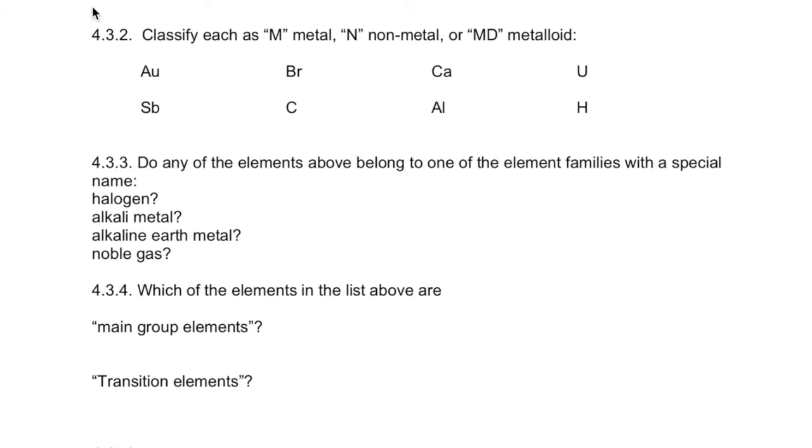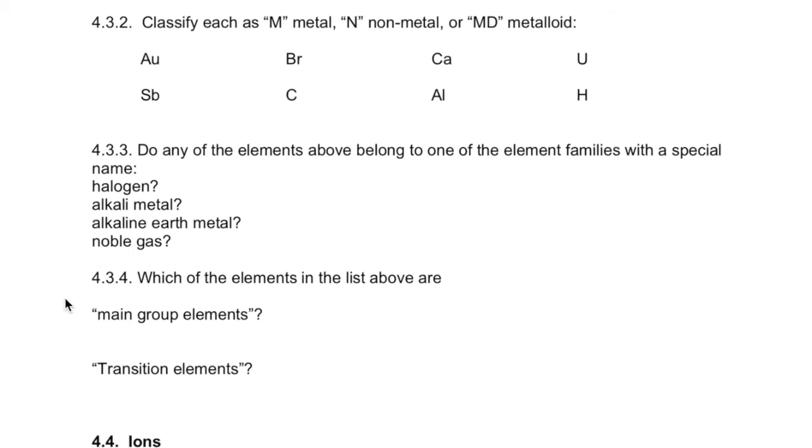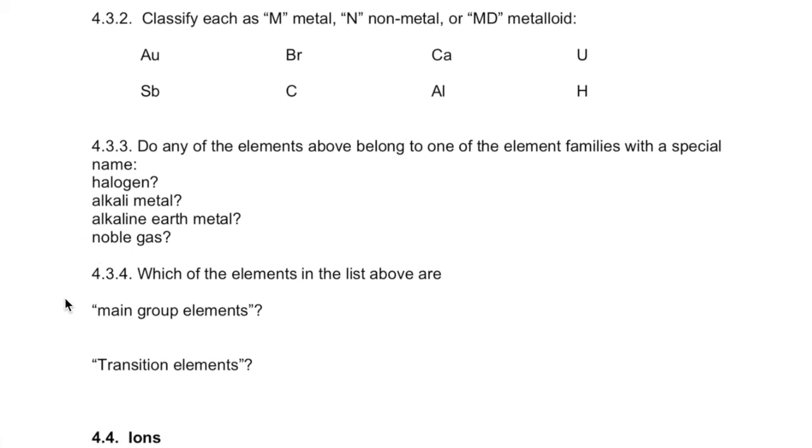Since it's a little bit difficult in a video to be going back and forth and showing the periodic table, I'll go ahead and let you guys do these problems on your own as well and just check them against the answer key that I have posted. So hopefully using the periodic table you can find where all of these elements are.